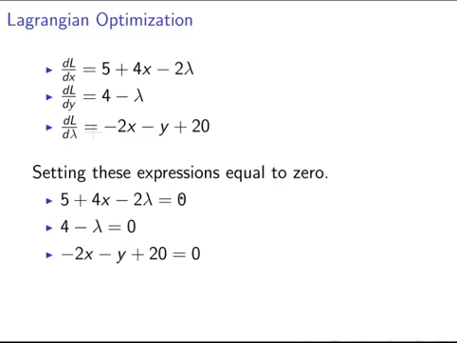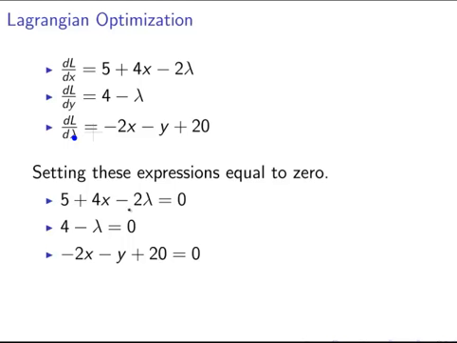What I'm going to do now is let all of these expressions equal 0. This is part of finding the maximum: letting the differentials equal 0. So 5 plus 4x minus 2 lambda equals 0, 4 minus lambda equals 0, minus 2x minus y plus 20 equals 0.